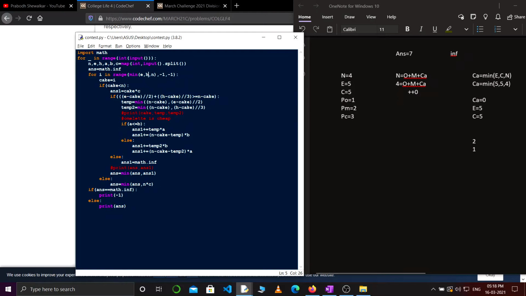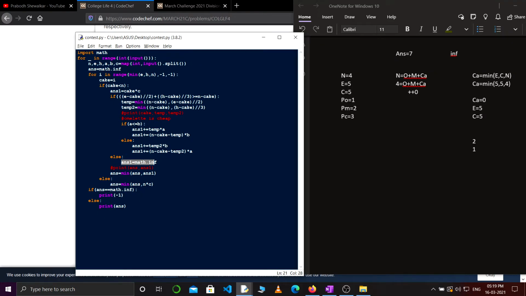So if the number of cakes that I am buying is less than N, then in that case I'll have to buy either omelette, milkshake, or both of them, whichever is cheaper. So I'm considering that case over here. And if it is not possible for me to order a total of n items, then I'm just taking my price as equal to infinity. Here I'm checking if omelette is cheaper.